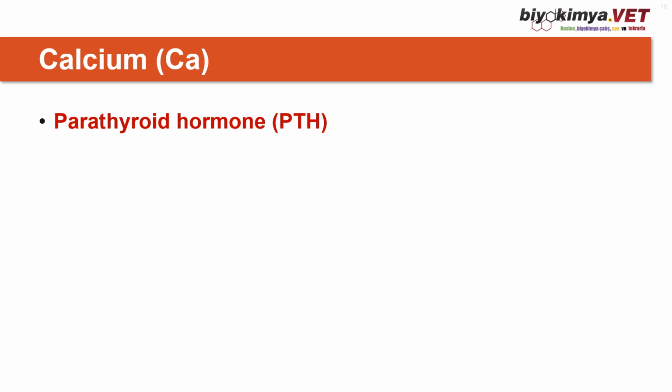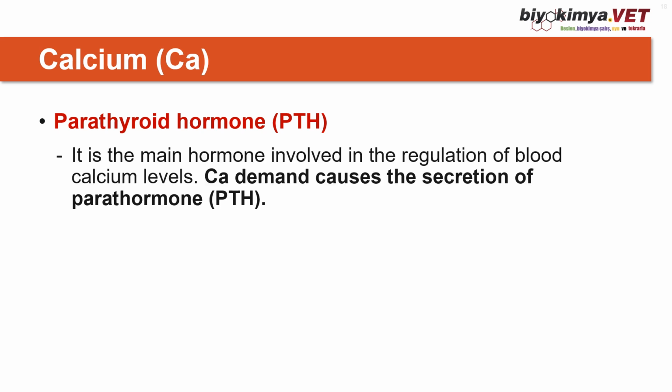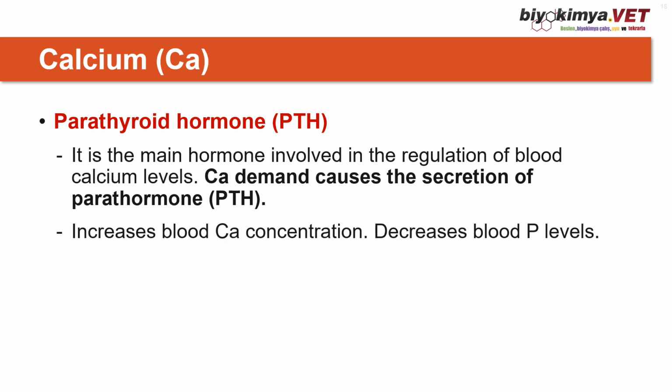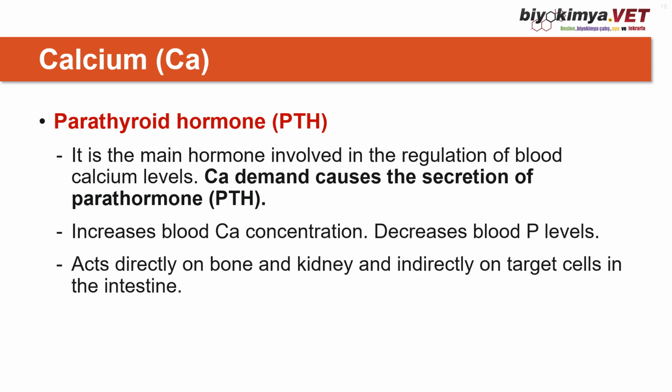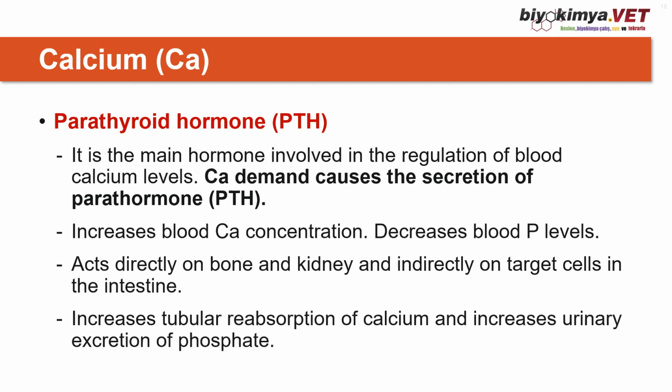Parathyroid hormone, or shortly parathormone, is the main hormone involved in the regulation of blood calcium levels, and calcium demand causes the secretion of parathormone. This hormone increases the blood calcium concentration and decreases blood phosphorus levels. The hormone acts directly on bone and kidney and indirectly on target cells in the intestine.